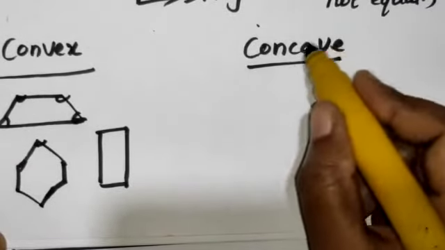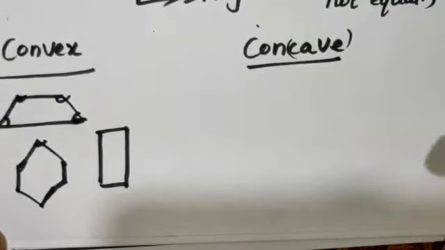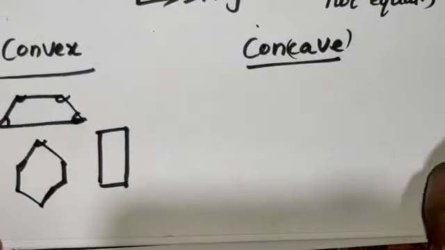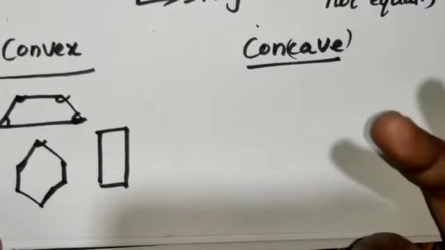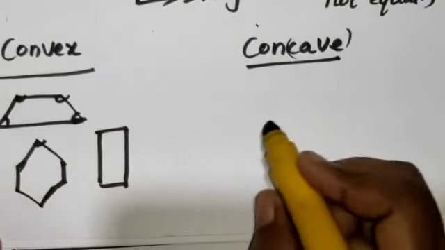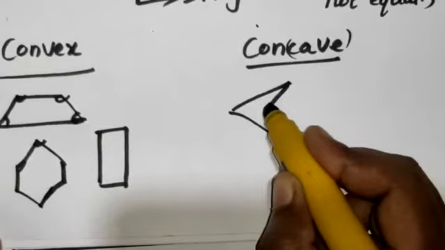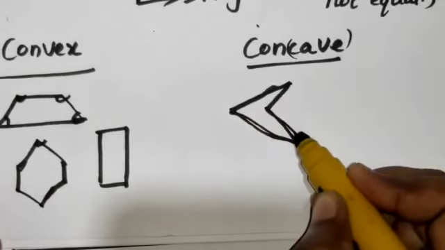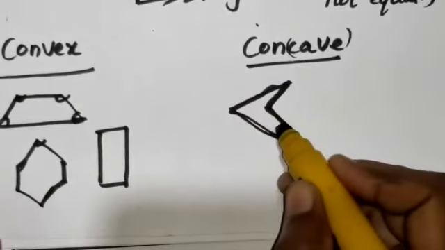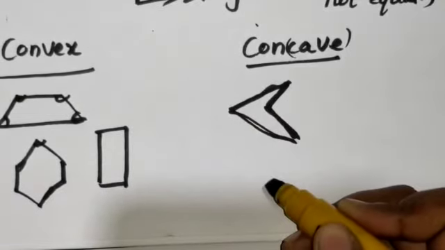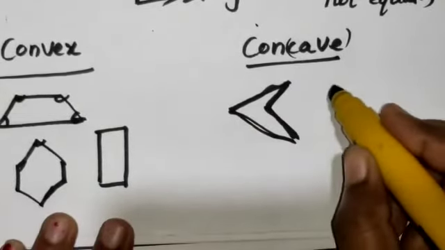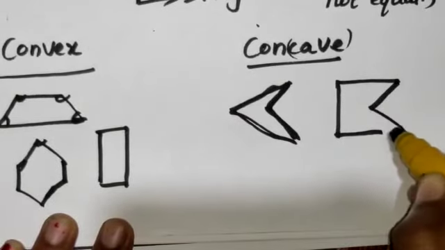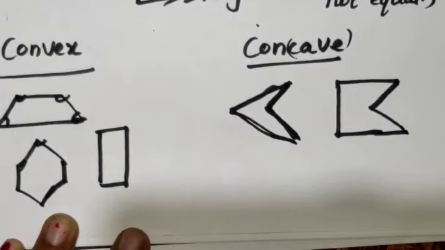We know that cave means, what is a cave? Cave means a hollow place, and you can feel it in figures like this one. You can see this is like a cave, so this is a concave polygon, and this one also, this is a concave polygon.